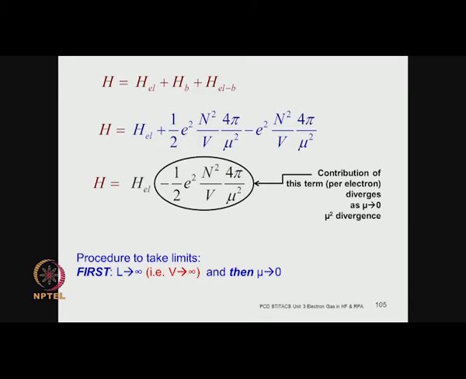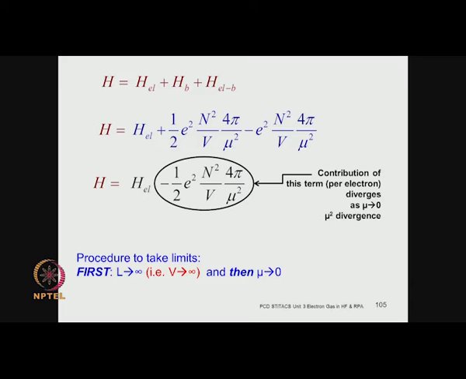But before we take these limits, we should inquire if this mu square divergence cancels with any part of the electronic Hamiltonian which is here. Okay, we have to look at the form of the electronic Hamiltonian very carefully. We have not only packed all the electron-electron interaction in that term, but it is made up of so many different pieces.